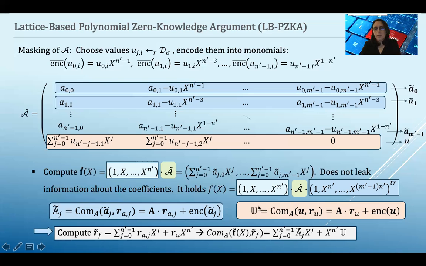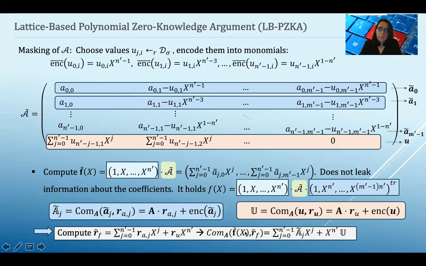The corresponding commitment to the last row is denoted by U. Then, in order to commit to this polynomial vector f tilde, we first need to compute the randomness in the following way. We collect all the randomnesses we used for the row commitments, and we multiply them by the corresponding power of x. Then the commitment of f tilde is computed using this computed randomness.